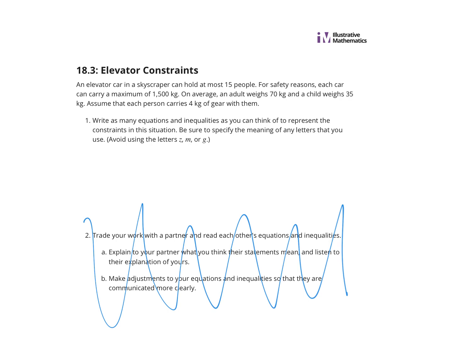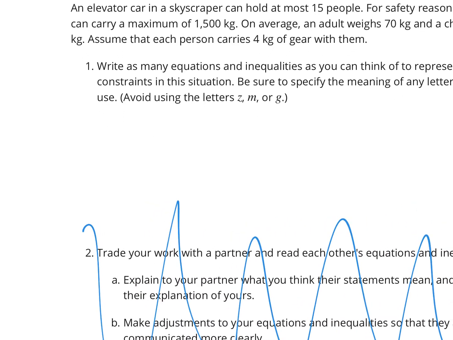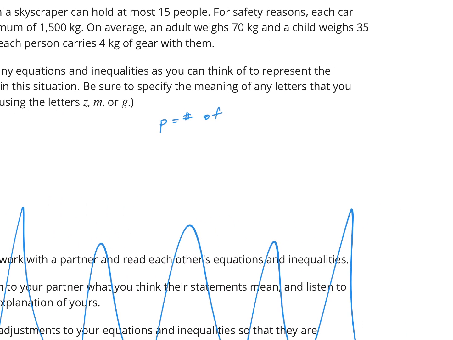All right, so some possible inequalities. Now granted, you could have more or less than what I have, but I'm going to try to list as many as possible. So p is less than or equal to 15, and I'm saying p is the number of people in the elevator.